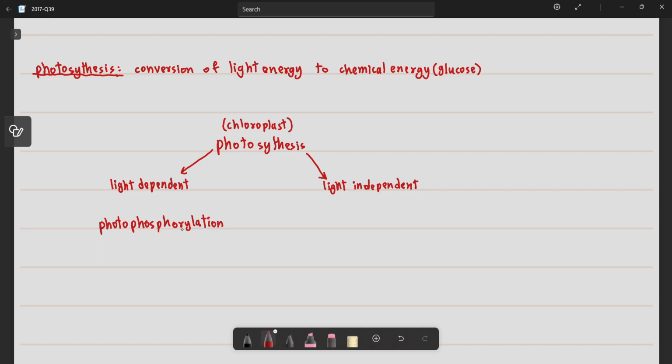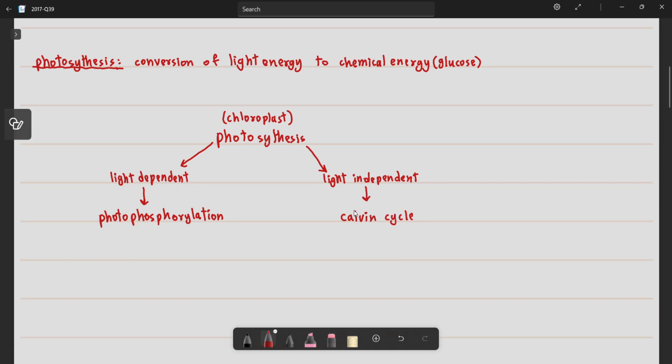Okay, so photophosphorylation is the one main important process of the light dependent reaction. And for light independent reaction, the most important process is what we call the Calvin cycle.